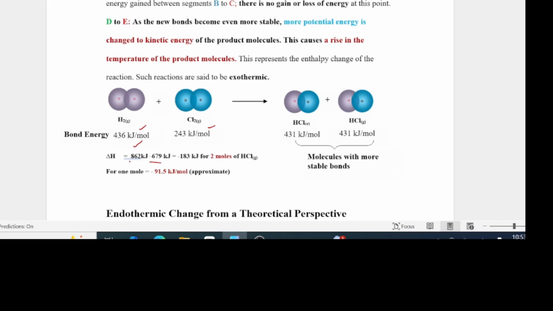So the difference in bond energy will be that for 2 moles. So this is what it's going to be for 1 mole of HCl formed. And that is why you can see you have a rise in temperature, because these bonds here are more stable than those. This is the explanation for an exothermic reaction using the energy profile diagram.